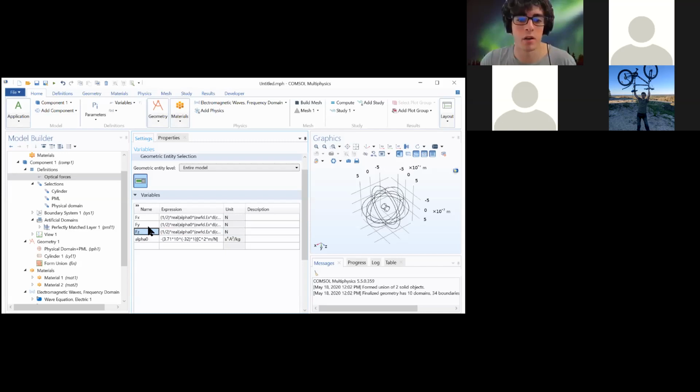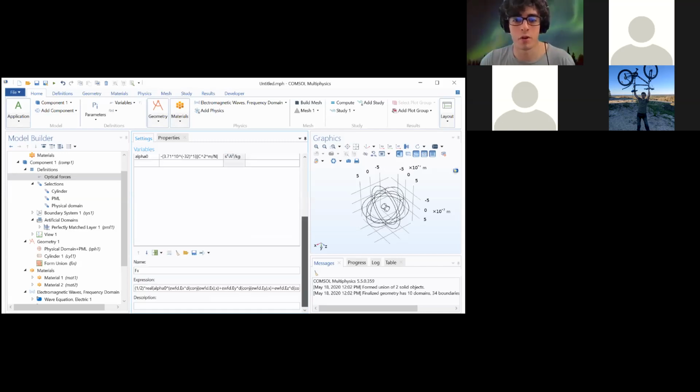Fx, Fy, Fz components. And if you check one of the expressions, you will see that I've taken the real part, and alpha 0 is the polarizability. And here I have the electric field times the first component of the... okay, one second, maybe it's not clear directly.